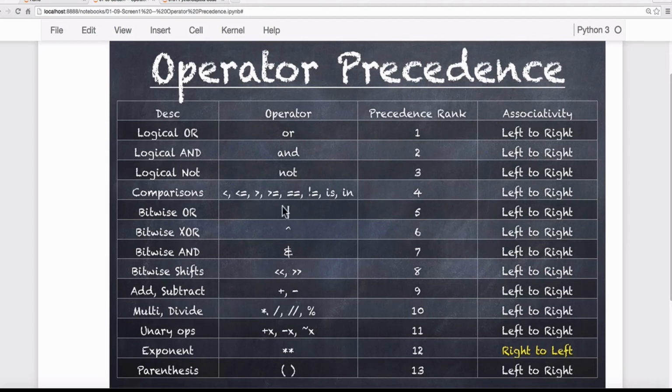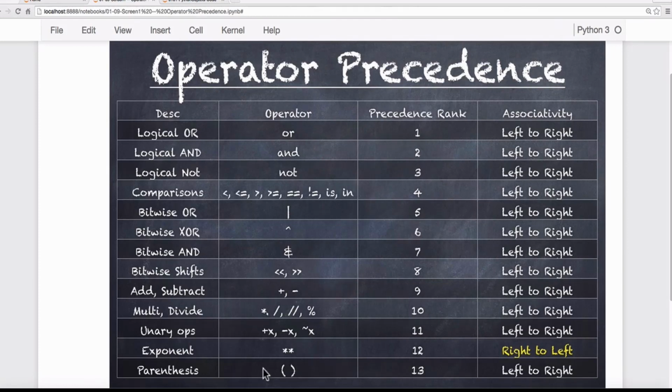Multiplication, division, floor division, and the modulus operators have a higher precedence than addition and subtraction. And the logical OR has the lowest precedence, with a rank of 1. If the number is lower, it means it has a low priority in evaluation.